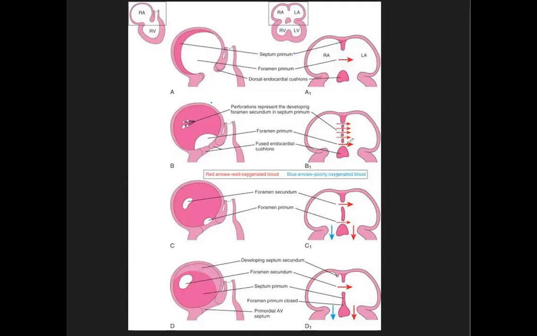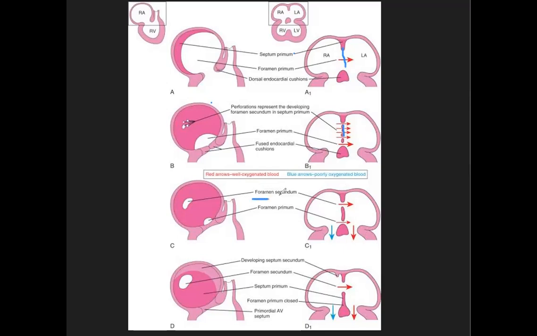Let's see this lower picture. What you see is that the primum is fused in the middle. And this little area, which I drew earlier, which was open as foramen primum, is still present. When certain perforations line up like this, a little area will be left open upwards, like here. This will be the foramen secundum.